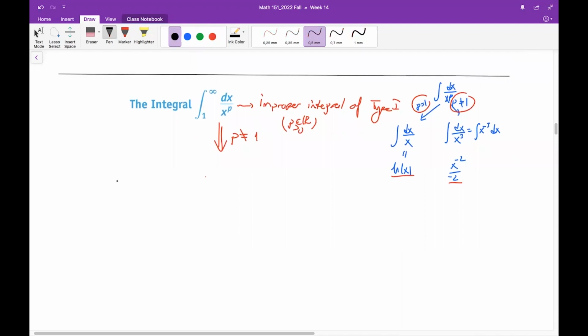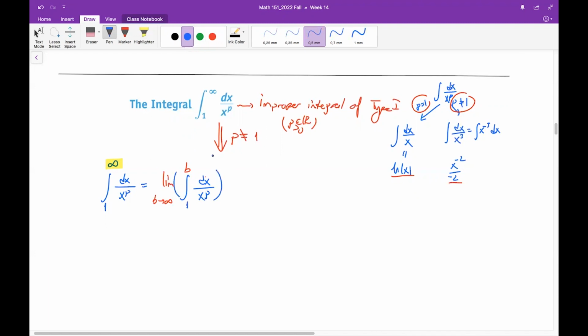So what do we have? We have the integral from 1 to infinity of dx over x to the power p. Now we can fix the improper integral of type 1 by putting some variable here, like b, and then we send b to infinity. Inside the integral, we have a power function like this.